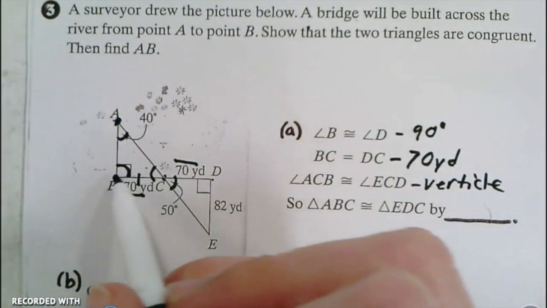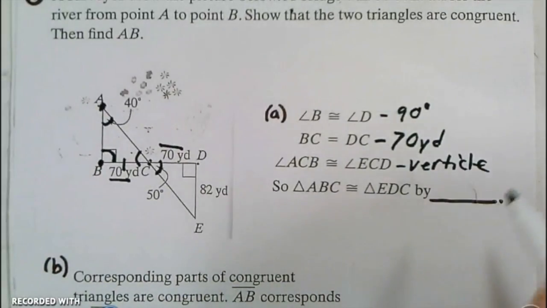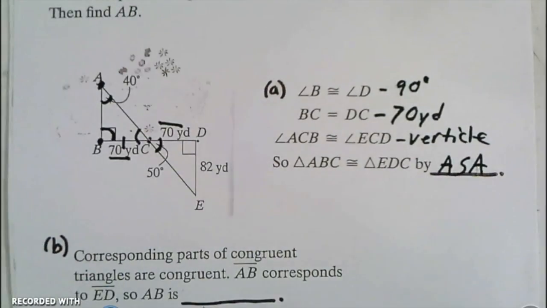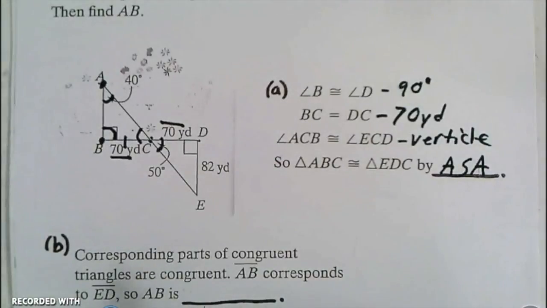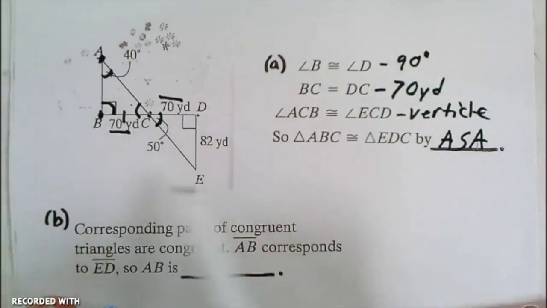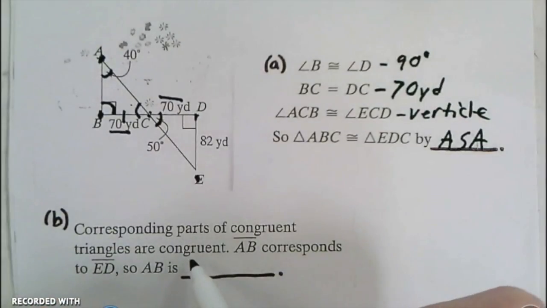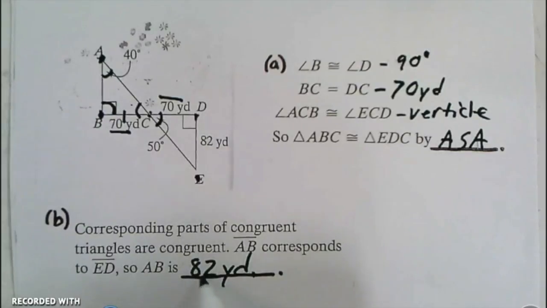So we have angle, side, angle. So we know that these are congruent to each other because of angle, side, angle. And since they are congruent, we can find AB pretty easily. AB corresponds to DE, and so we know that AB is 82 yards for his bridge.